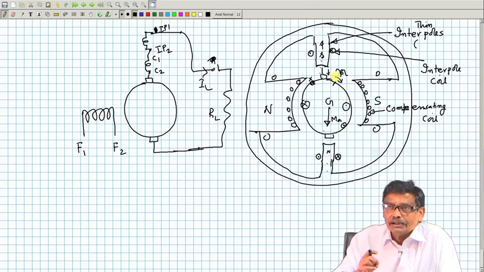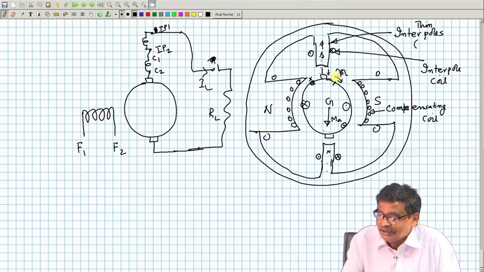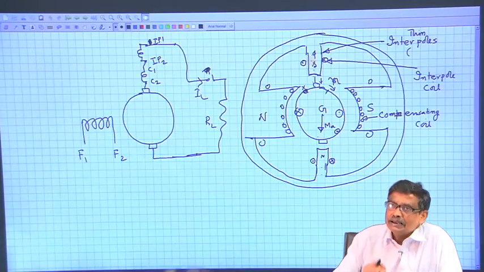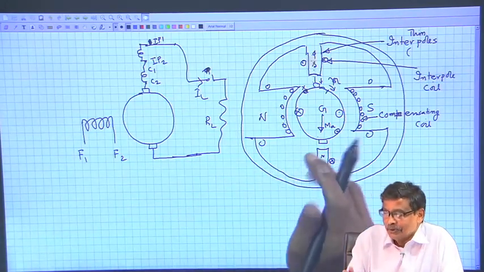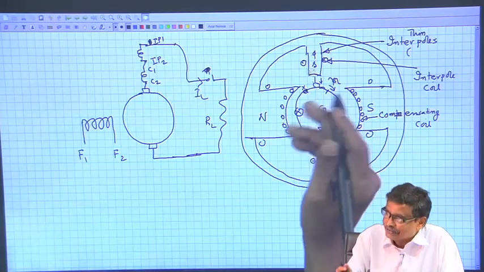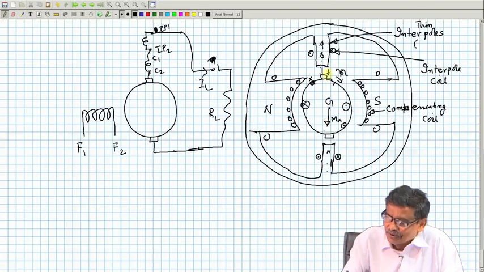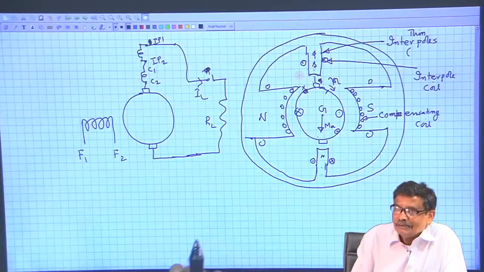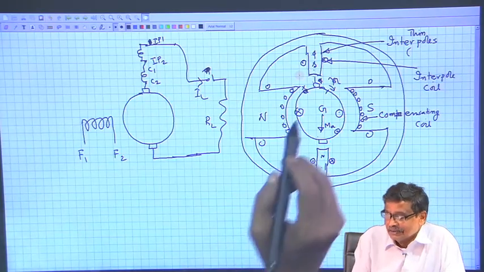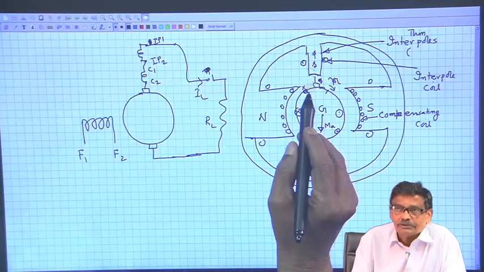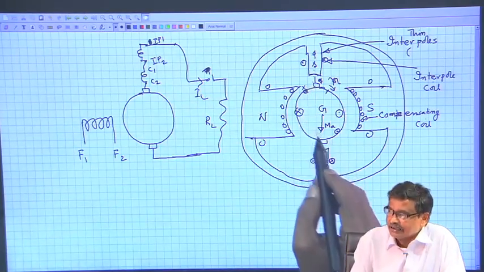Now, I may make these compensating poles by selecting the number of turns a little higher than what is required to nullify this quadrature axis flux itself. That is okay. Instead of a north pole here, when this conductor comes here, it will see a south pole. That means this conductor was carrying cross current, but these are in series here.